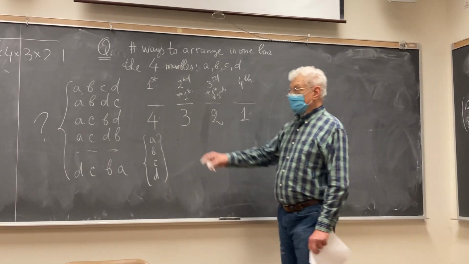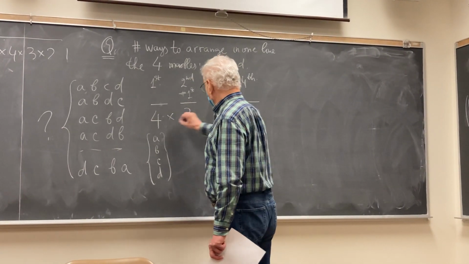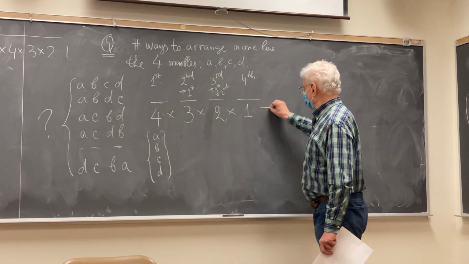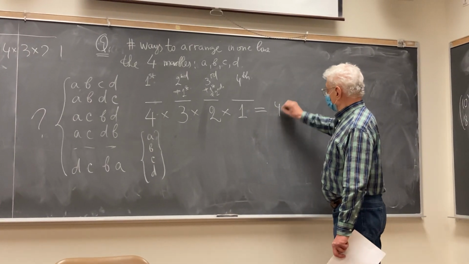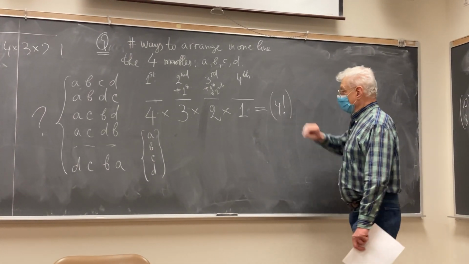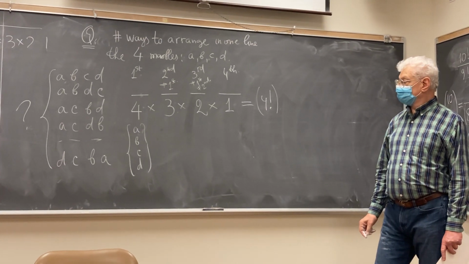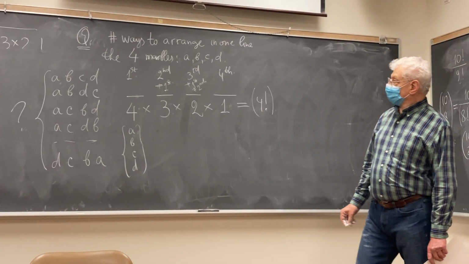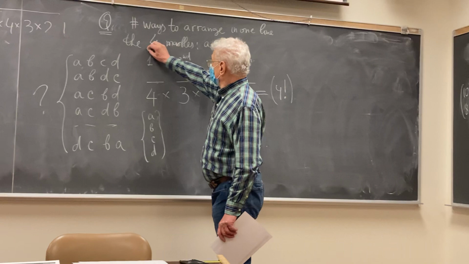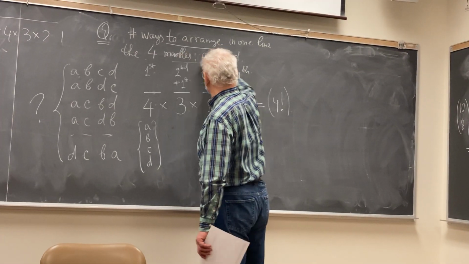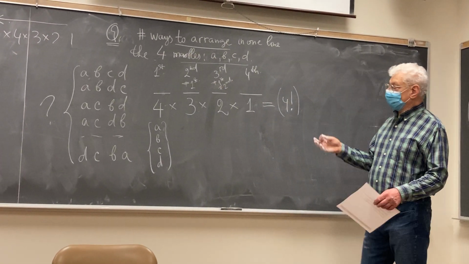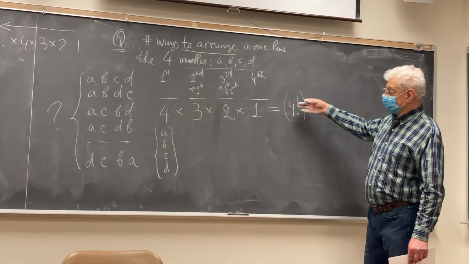Therefore, using the fundamental principle, you multiply those, and the answer is 4 factorial. So 4 factorial ways to arrange 4 marbles in one line. If you have 5 of them, it will be 5, 4, 3, 2, 1.